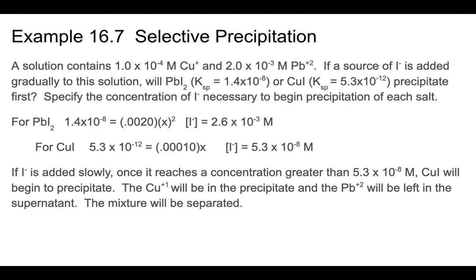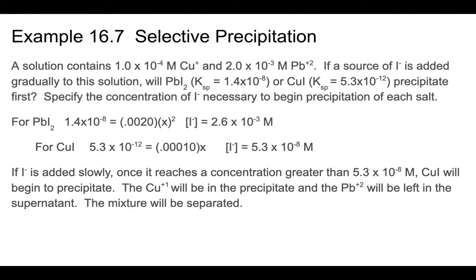So in other words, for precipitation to occur, Q needs to be greater than K. So let's first find out what x will make Q equal to K. So 0.0020 times x squared equals 1.4 times 10 minus 8. Solve for x, you get the iodide that will be at equilibrium with lead is 2.6 times 10 minus 3.